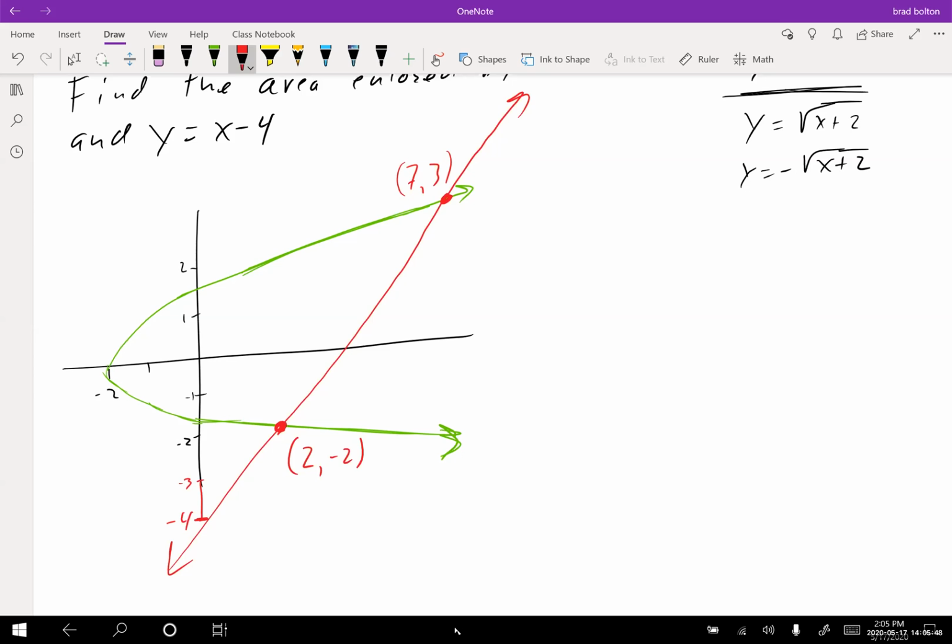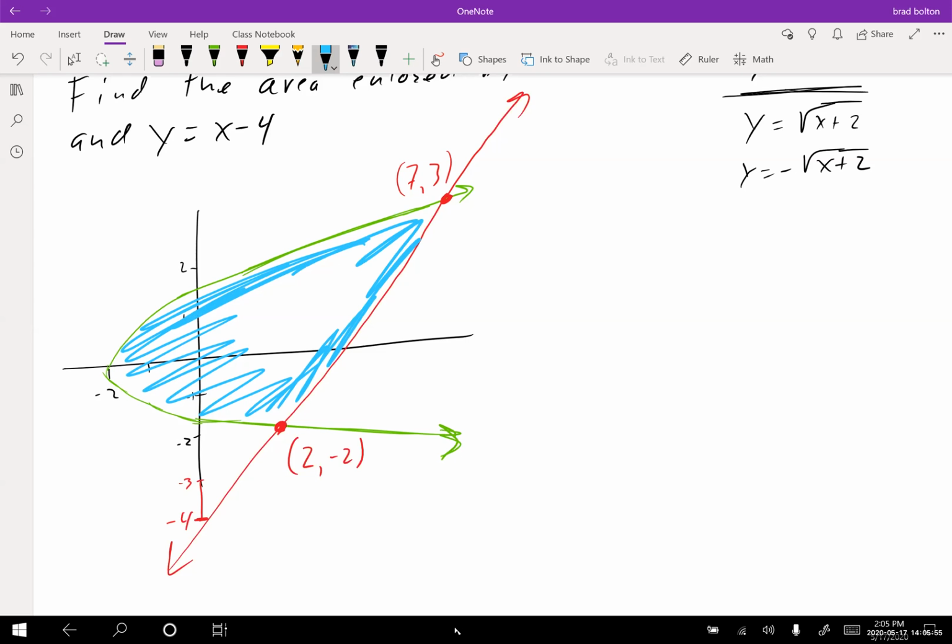Now the problem is, we want this area, right? But if you notice, the parabola right here is the top curve, but it's also the bottom curve right here, right? So you would have to do something that would go like this. The integral from negative 2 to 2.